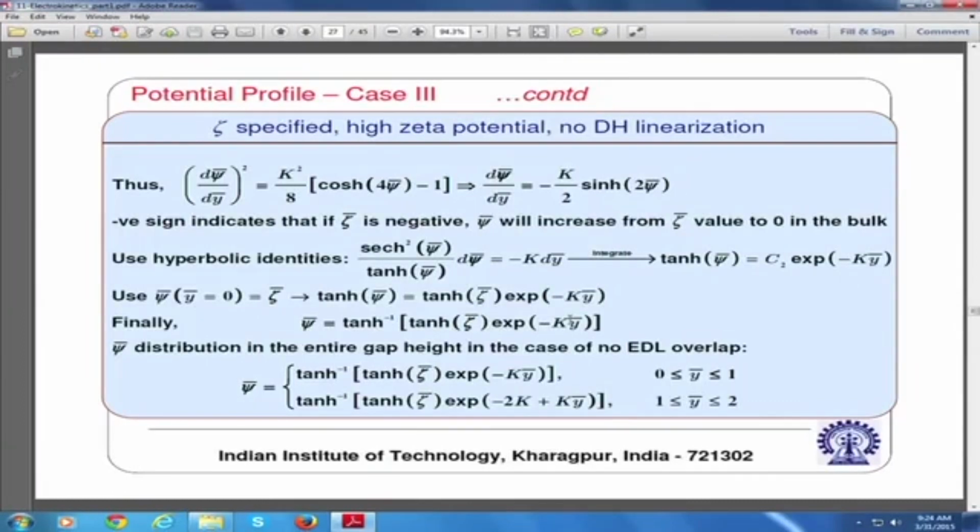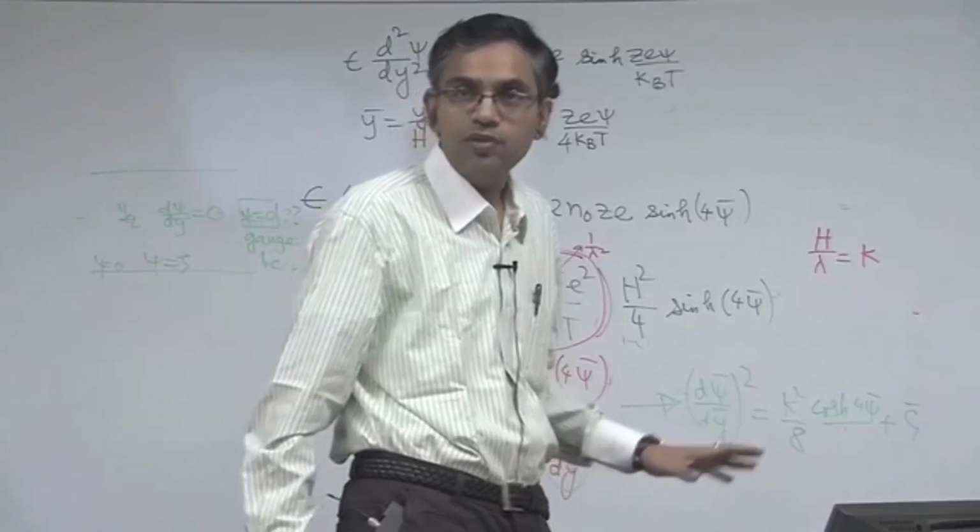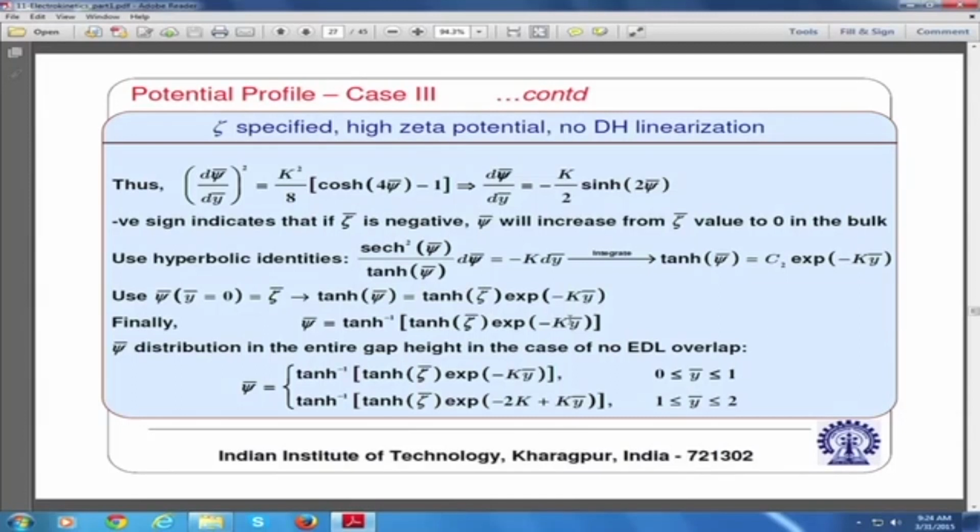This is the analytical solution to the nonlinear Poisson-Boltzmann equation with certain simplifications. Similar, with just a change of coordinate, for the top wall. So this is valid for non-dimensional y between 0 to 1, this is for the bottom plate, and for the top plate this is the potential distribution.